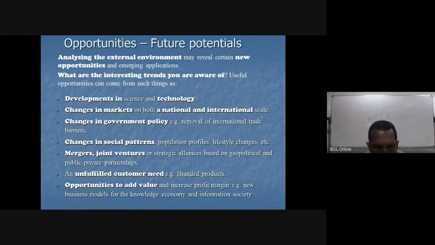Mergers and joint ventures, unfulfilled brand, customer needs. See, when your income level changes, your needs and wants also change. So, do we have a branded shop here around? When your middle income goes up, your requirement changes. See, very suddenly our cocoa exports to China increased.